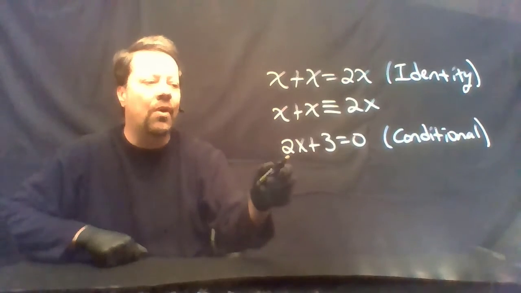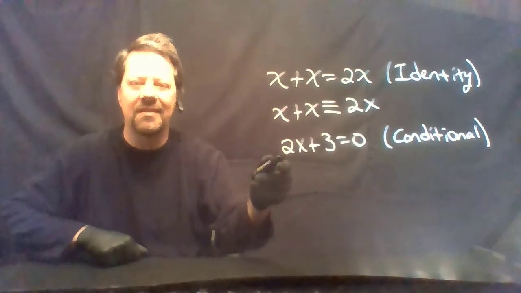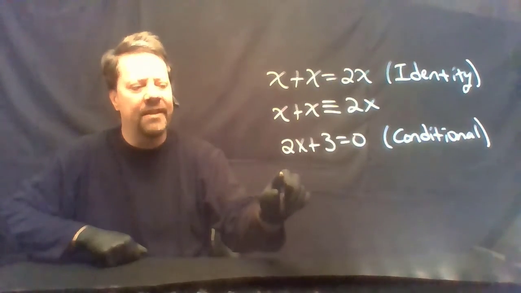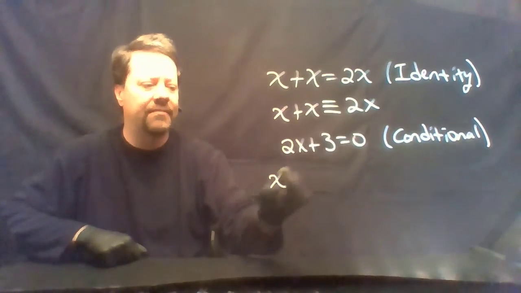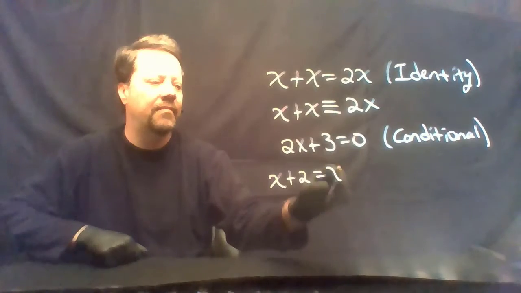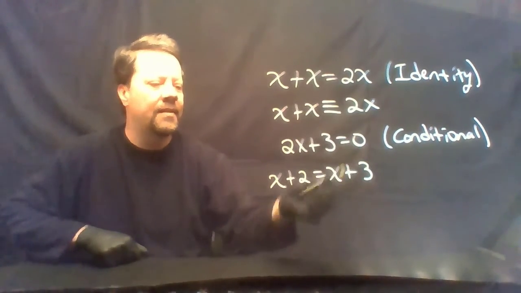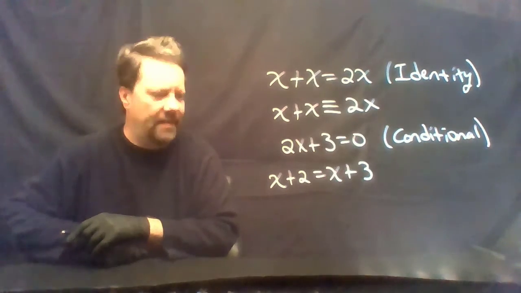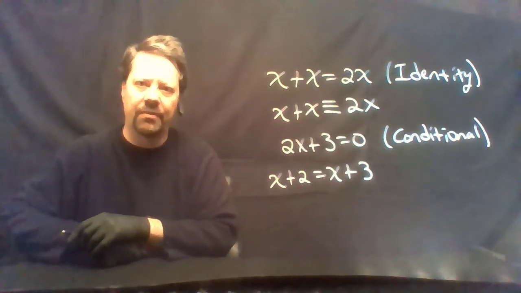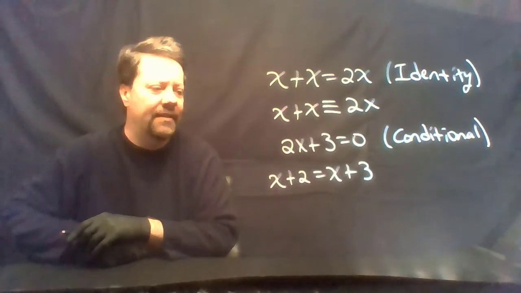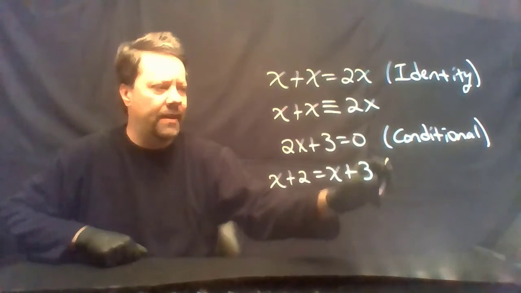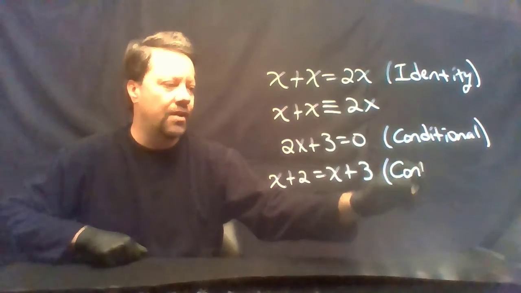You solve conditional equations. You prove identities. There is yet a third kind of equation. For what values of x is the equation x plus 2 equals x plus 3 true? The answer is, this equation is not true for any replacement of the variable. That's why this is called a contradiction.